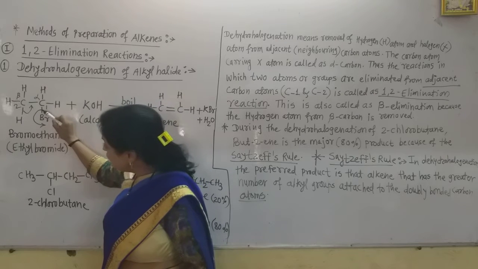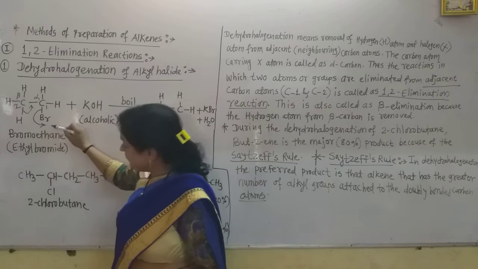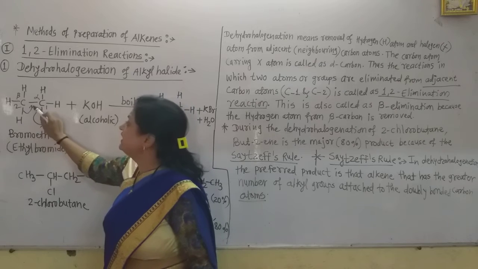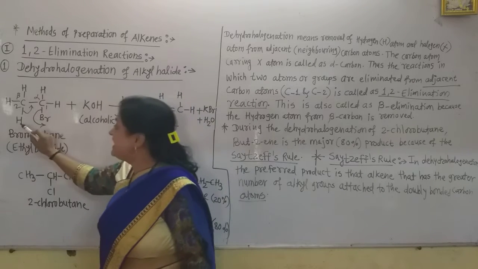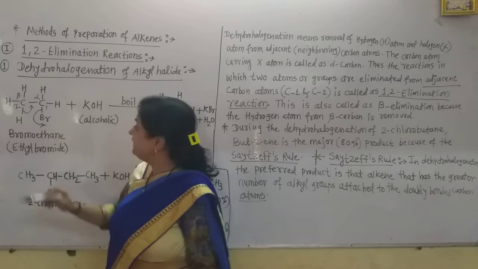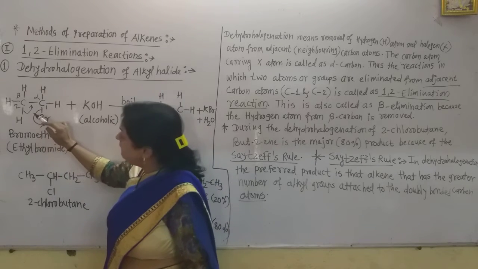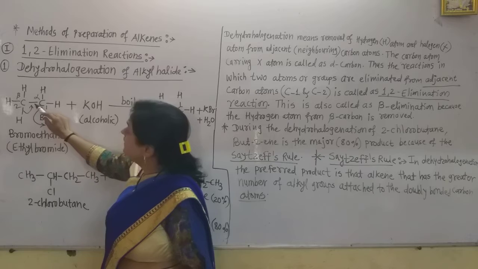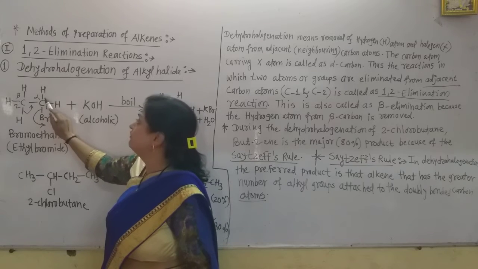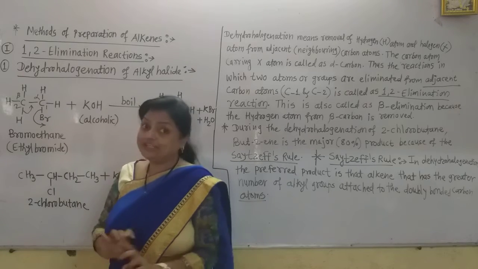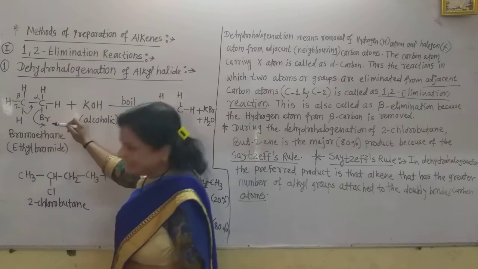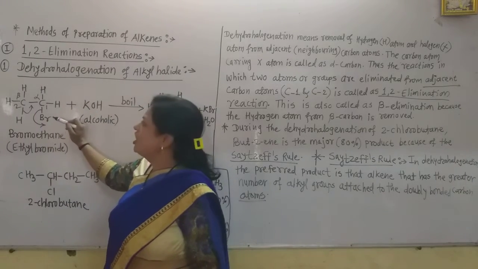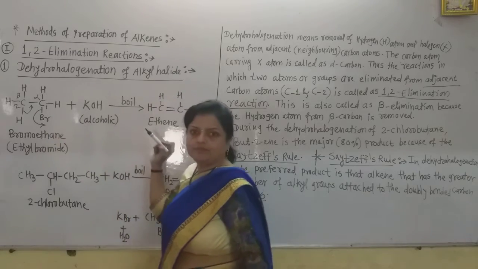The bromine with its bond eliminates. This gives its bond and this with its bond eliminates. That means H and Br get eliminated and here is a double bond. If here is only a double bond, then how many bonds are around the carbon? 1, 2, 3, 4, 5. But that is not correct. So bromine has to eliminate here. So here is the double bond.